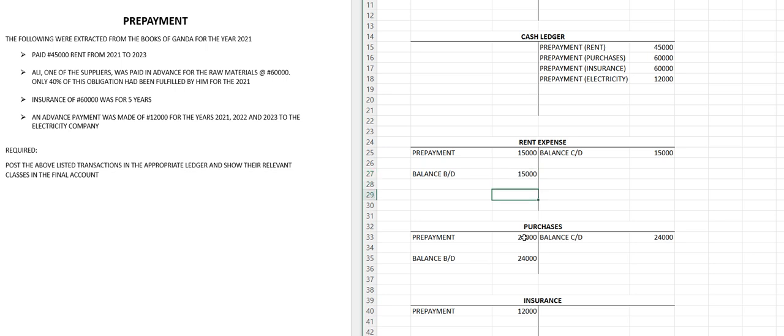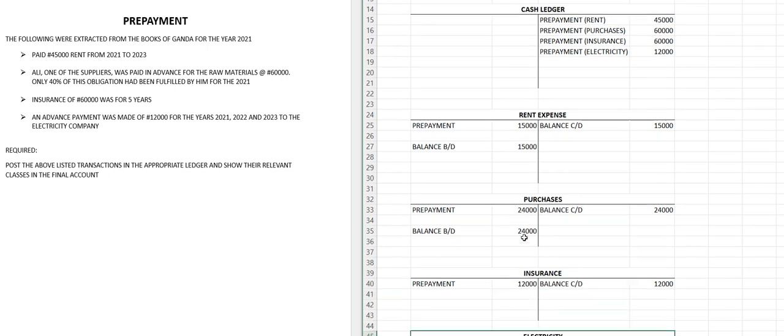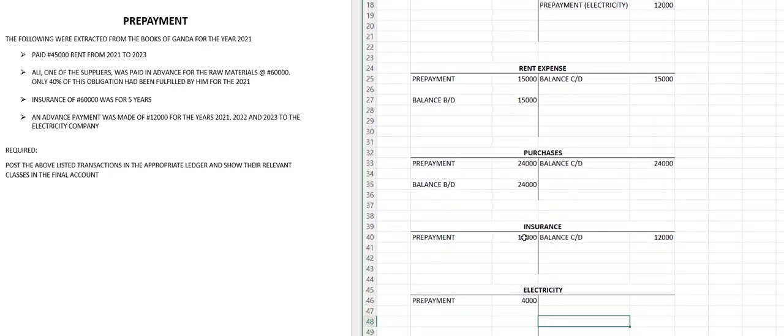Okay, last one before I put the double line border is this. CD. Now come right, balance BD. That's how much? 12,000.